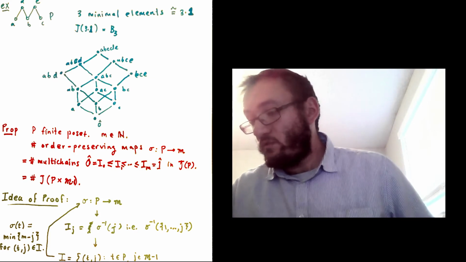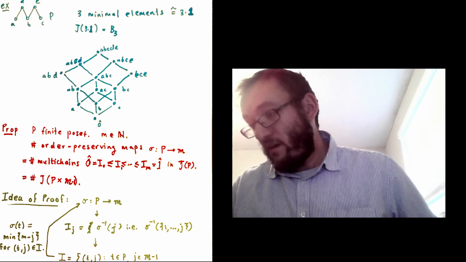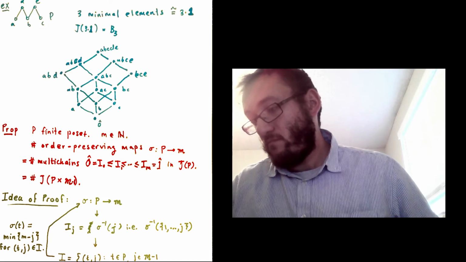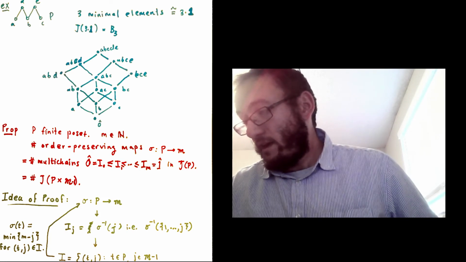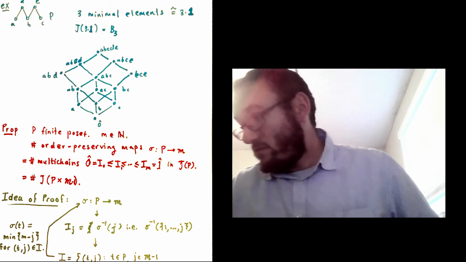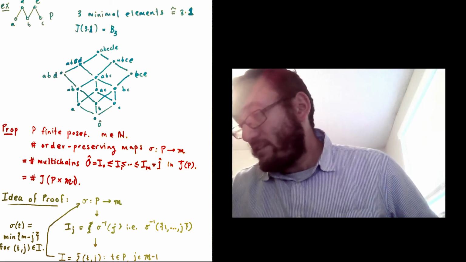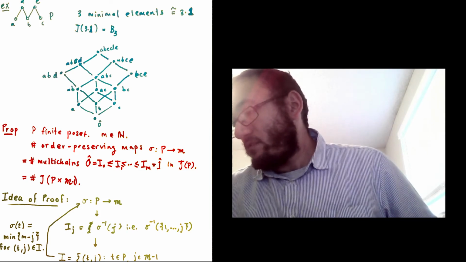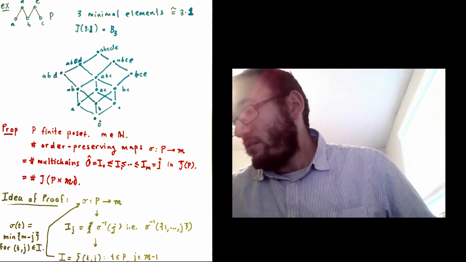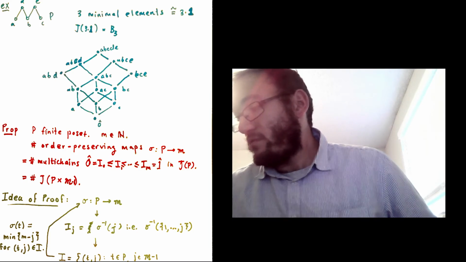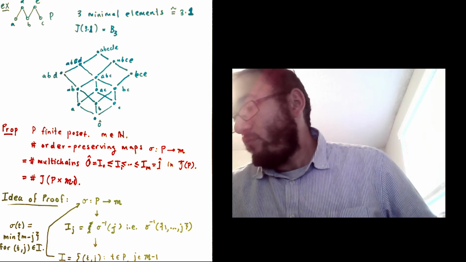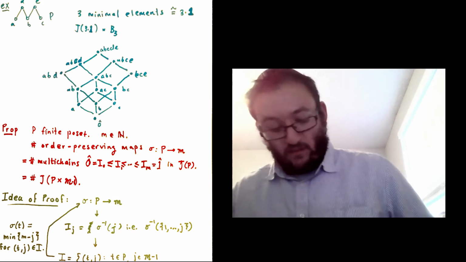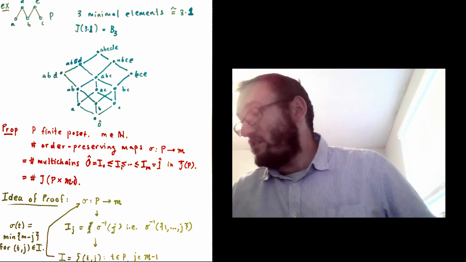This is equal to the number of multi-chains, and we're going to take the empty order ideal as I0, and this will be less than or equal to I1 up to IM, which will be the join of all of the elements, the maximal element of the distributive lattice.